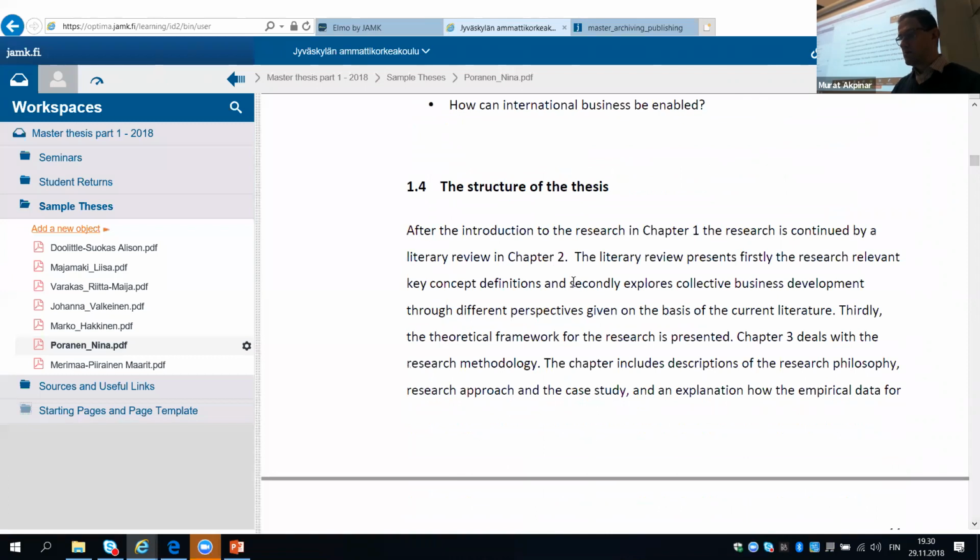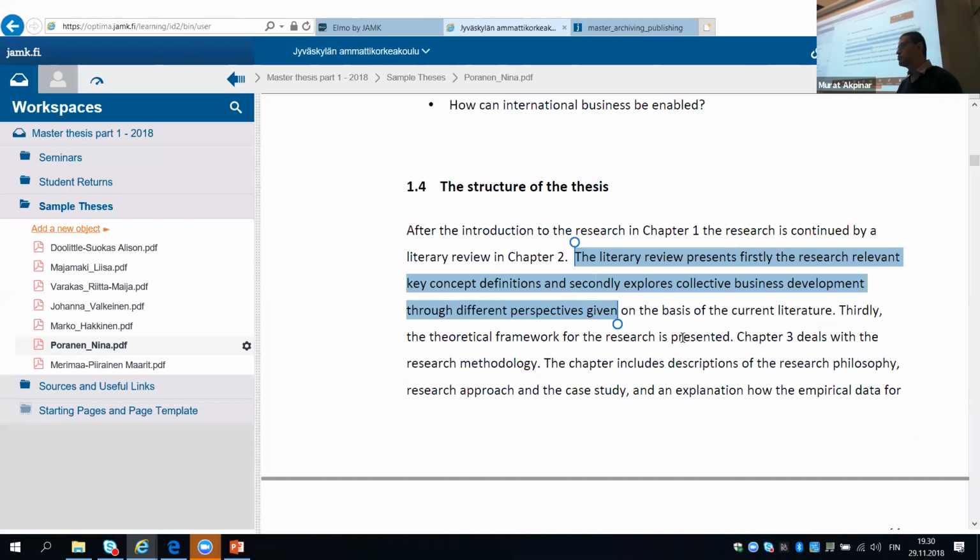So here, what we see is literature review in chapter 2. So the literature review presents firstly the research relevant concepts, definitions, and explores collective business development through different perspectives. And thirdly, the theoretical framework for the research is presented. So coming back to Colette's question, you don't tell here what is the theoretical framework.